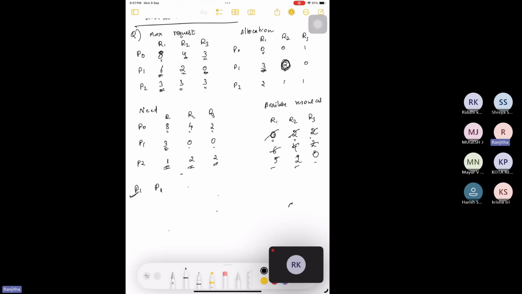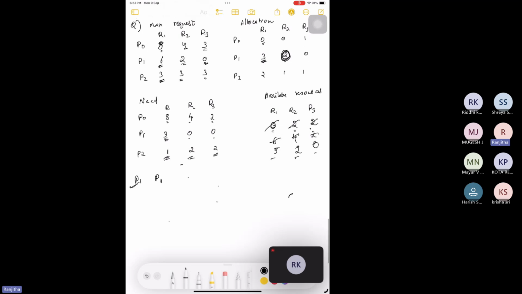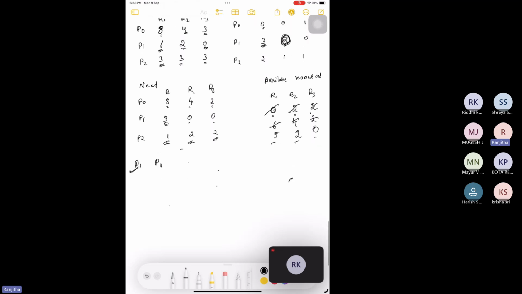Now after some time, P2 will complete its execution, and once it completes, whatever was there with P2 will all be released. P2 had 2 R1 and 1 R1, so 3 R1 was there. So plus 3, 5 plus 3 is 8.